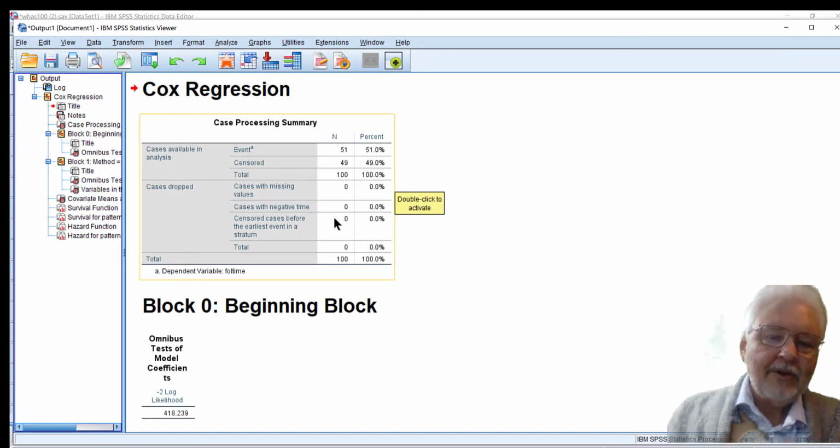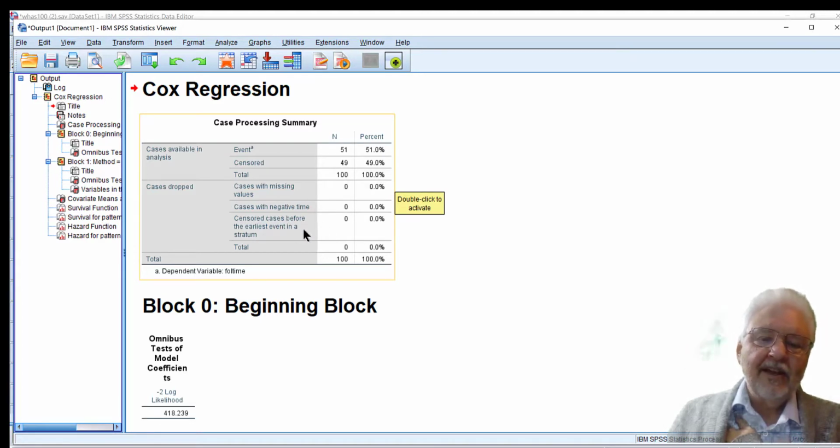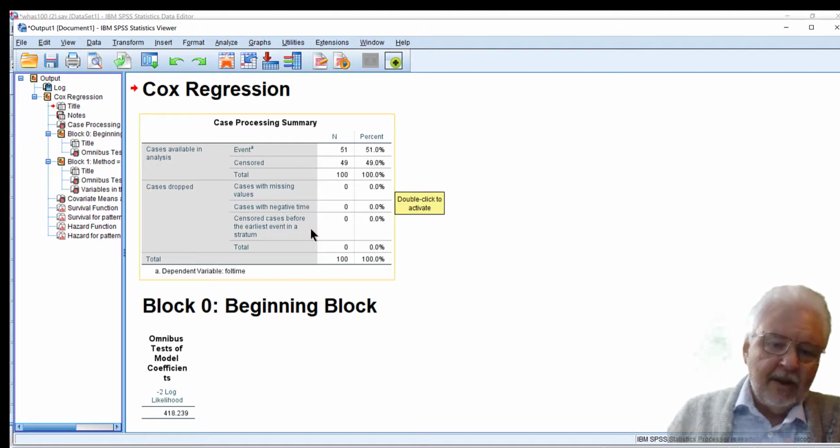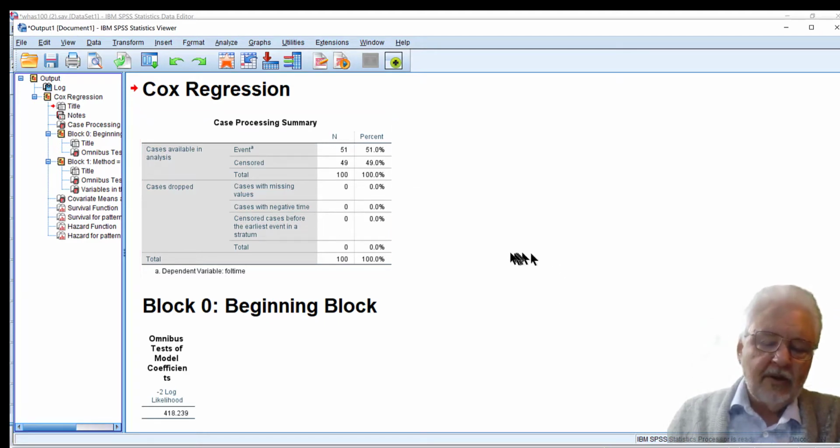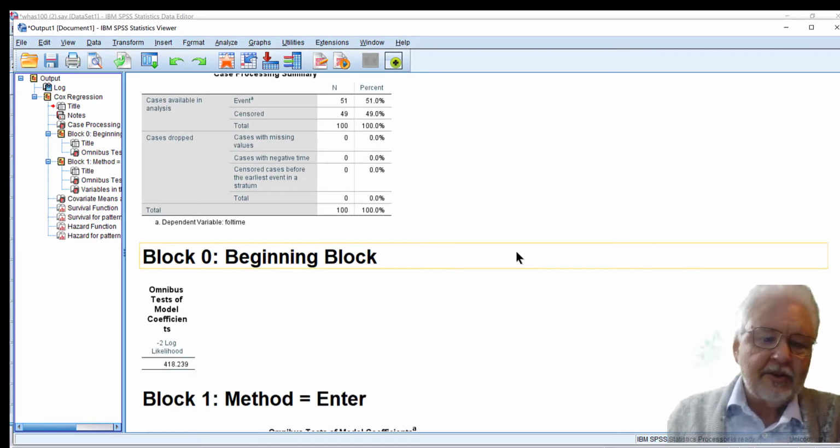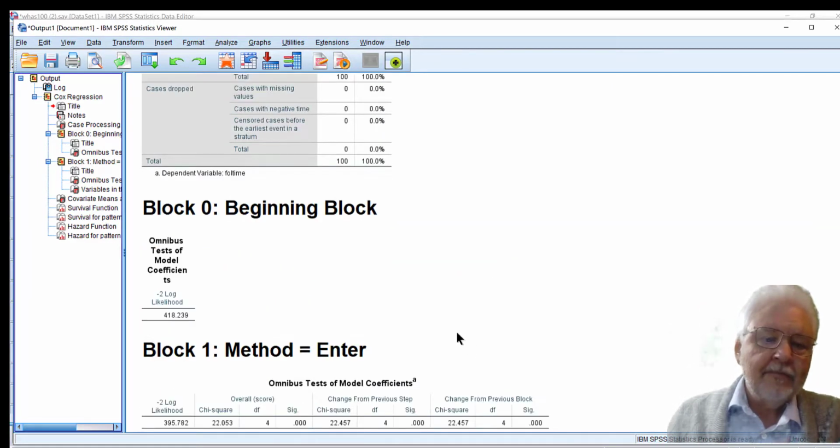It's pretty bad when you admit a dead guy. Censored cases, there were none before the earliest event. You don't really want to have a case where your study ends before the first event happens. That usually requires some extra work to evaluate.